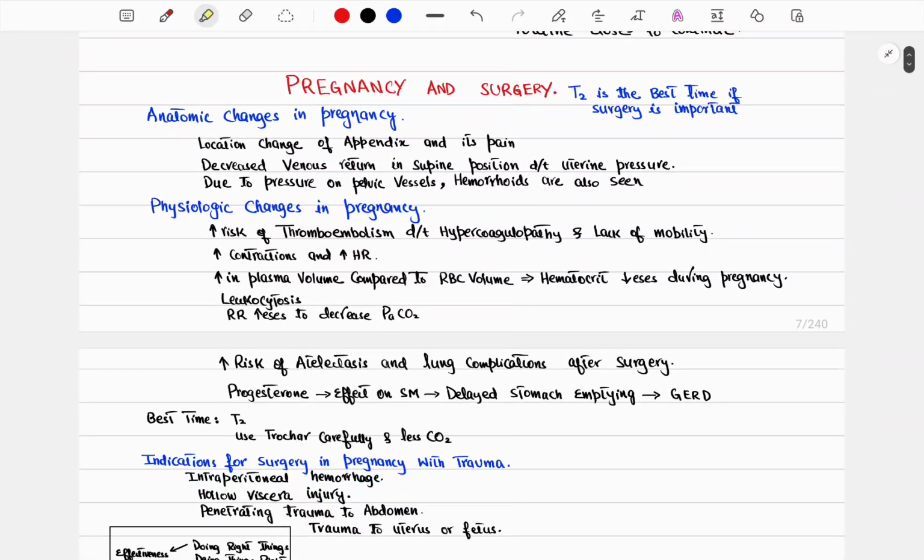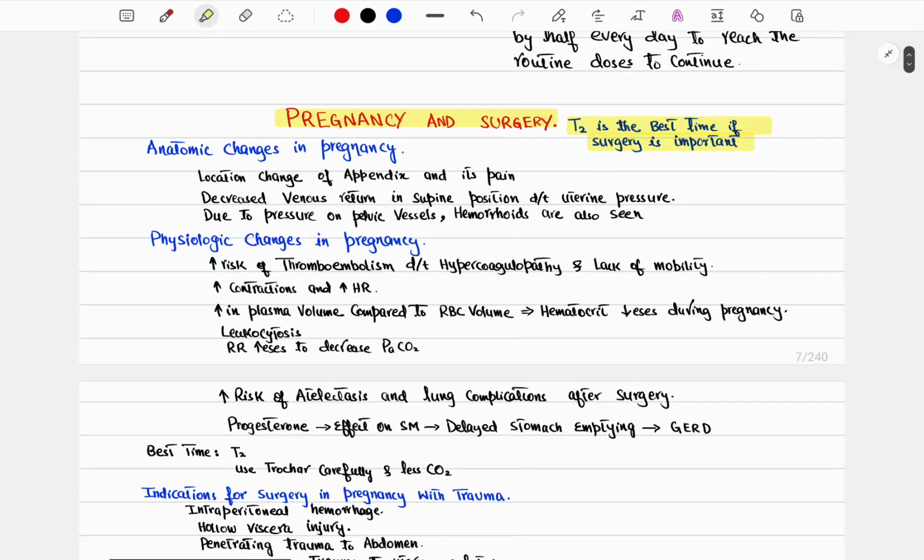Then there is another condition in surgery which is pregnancy and surgery. The best time a pregnant woman should undergo surgery is the second trimester. First of all, we should know some anatomic and physiologic changes which occur in the pregnant woman.